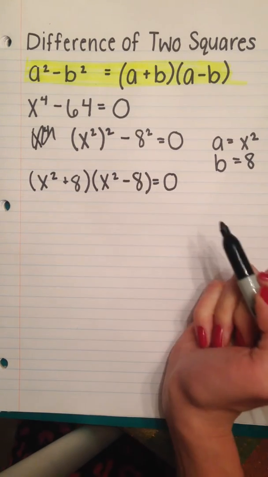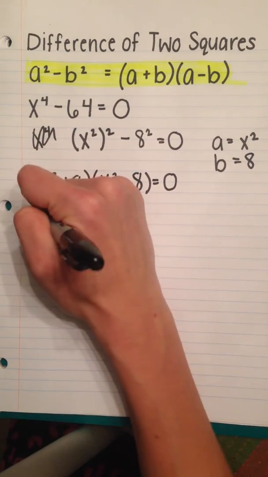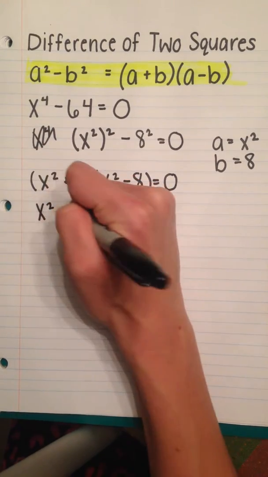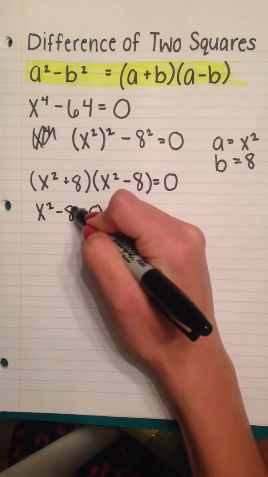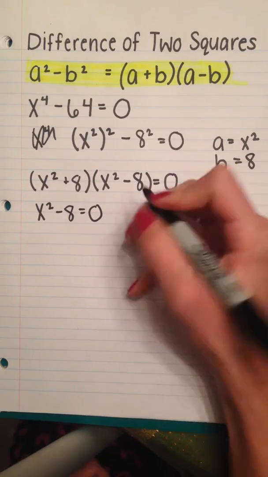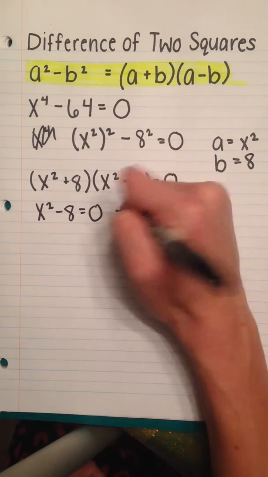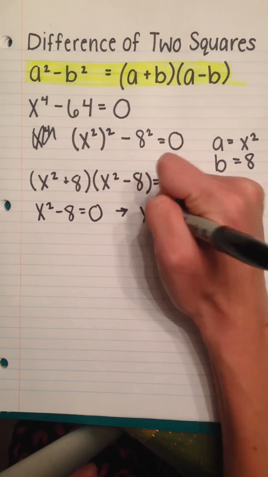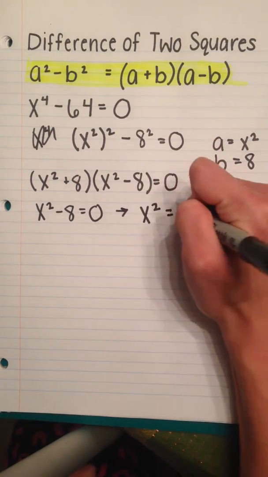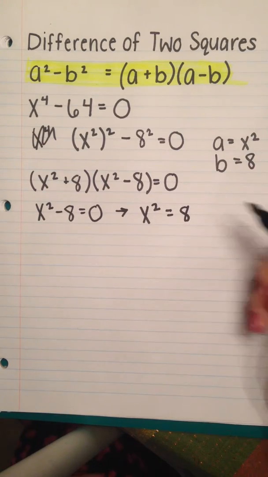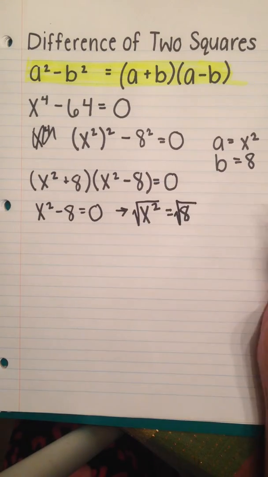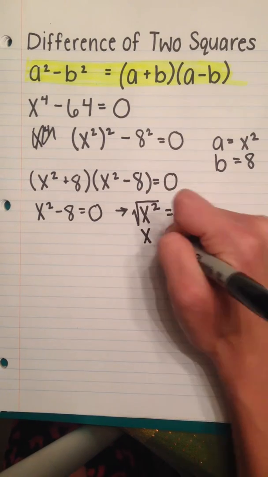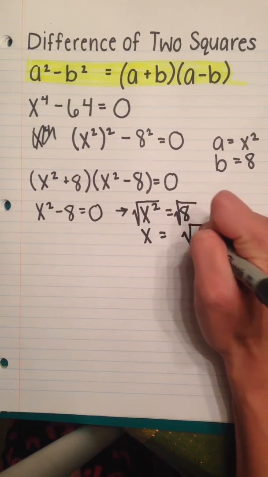Let's go ahead and do the second one first. We have x squared minus 8 equals 0. Now we want to get x by itself, so let's go ahead and add 8 to both sides, leaving us with x squared equals 8. To get rid of the squared, we would just take the square root, leaving us with x equals square root of 8.